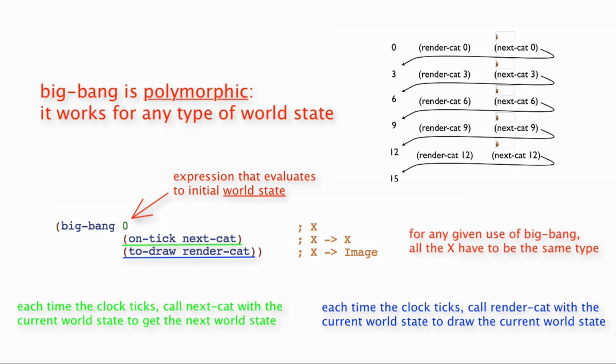And you can imagine that the way that works is onKey wants a function that it will call when a key is pressed on the keyboard. And that function should process the key properly and produce the next world state. What we'll also see in the next video is we're going to introduce a design recipe for designing interactive programs using Big Bang, and that design recipe is going to help make it a lot easier to write programs that use Big Bang.